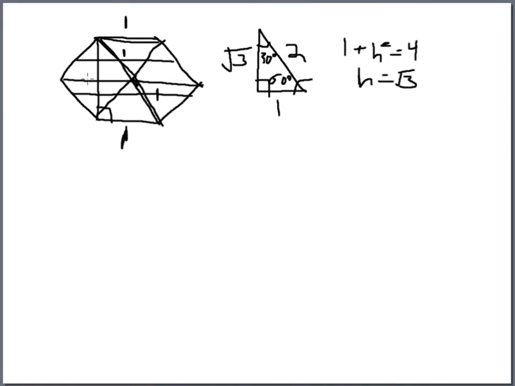So now we have that the height is the square root of 3, and these 3 lines divide the whole hexagon into 3 parts. So now we know the height of this inner hexagon, which is key. The height of this inner hexagon is root 3 over 3, because it's just the whole height, square root of 3, divided by 3.